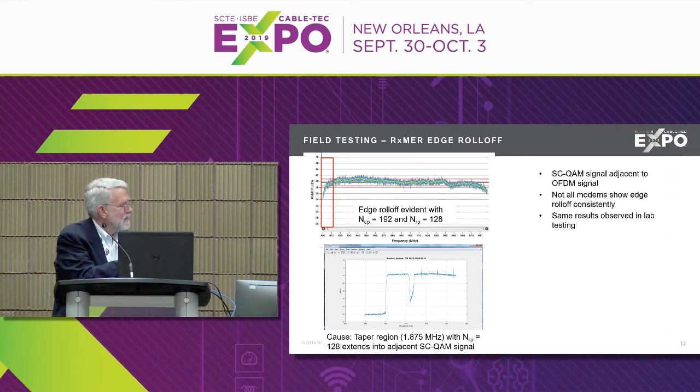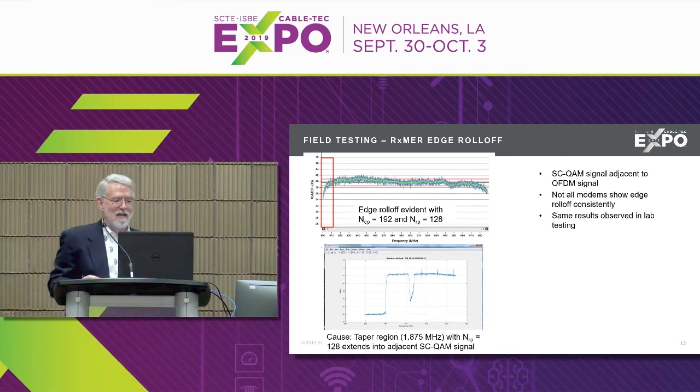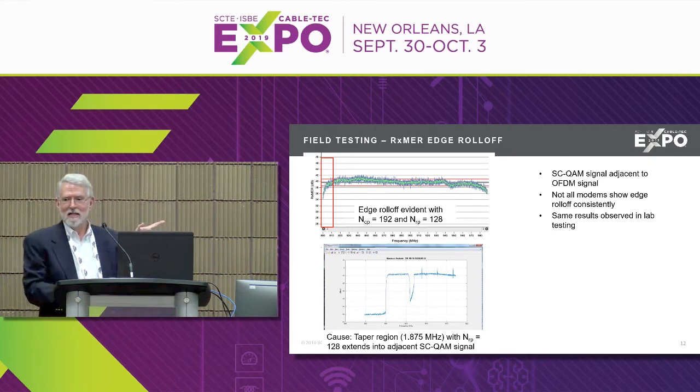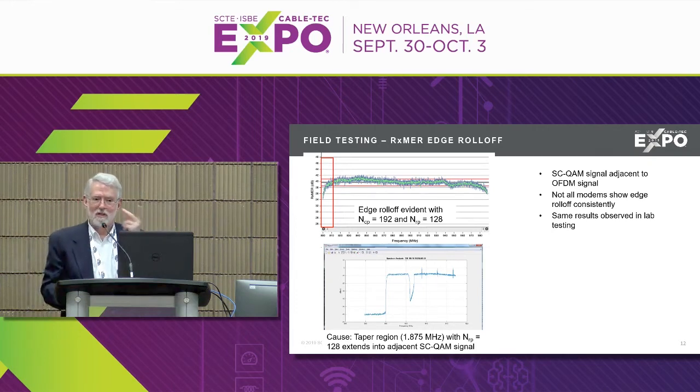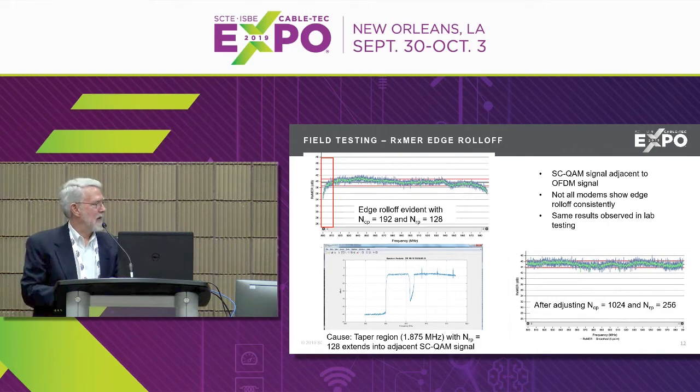But in this case, the fact that the OFDM signal is overlapping that taper region means that it's hammering the MER on the first few subcarriers. And that gives us that roll-off. And this is one of those examples where not all modems showed this consistently. We saw this, by the way, in both the field and in the lab.